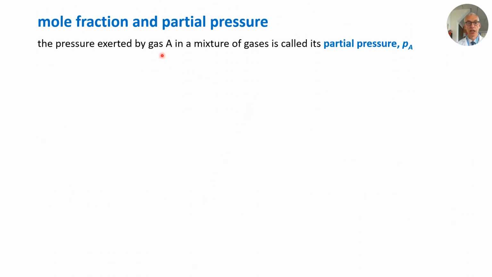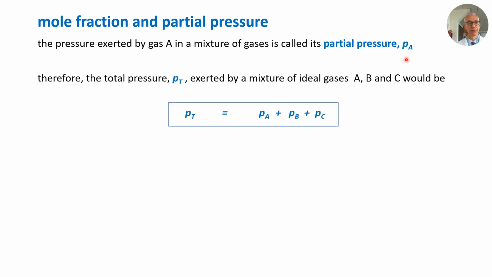The pressure exerted by gas A in a mixture of gases is called its partial pressure. So we indicate that as P subscript A. So that's the partial pressure for gas A, the pressure exerted by gas A in a mixture of gases.